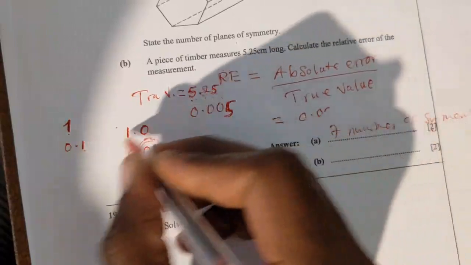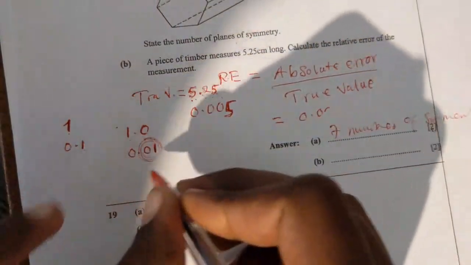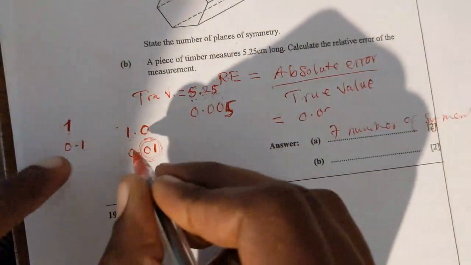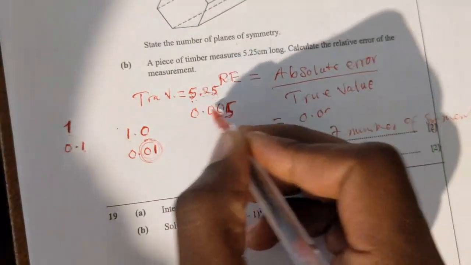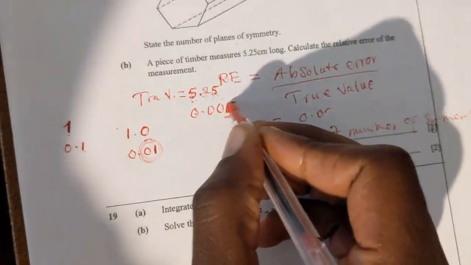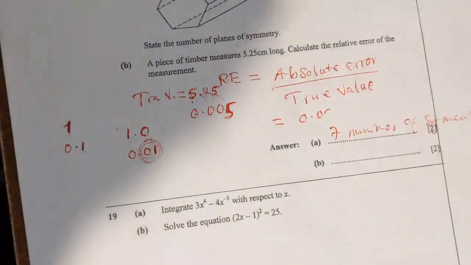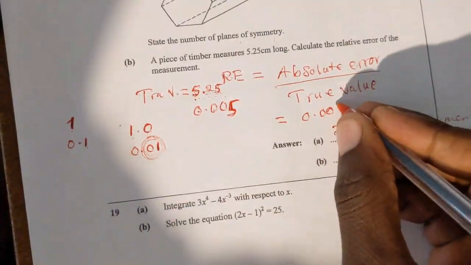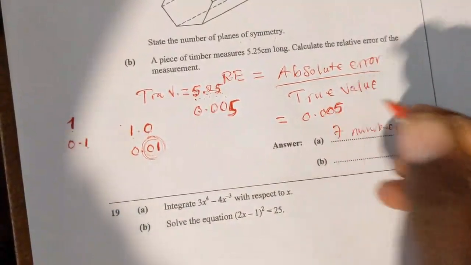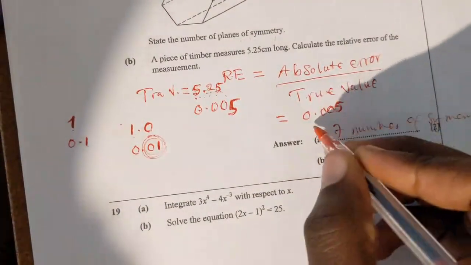I just put 1 because I was trying to give an example with 1. But here it is 5, so you get the 5 and you put the 5: 0.00, then the 5, so we have 0.005.